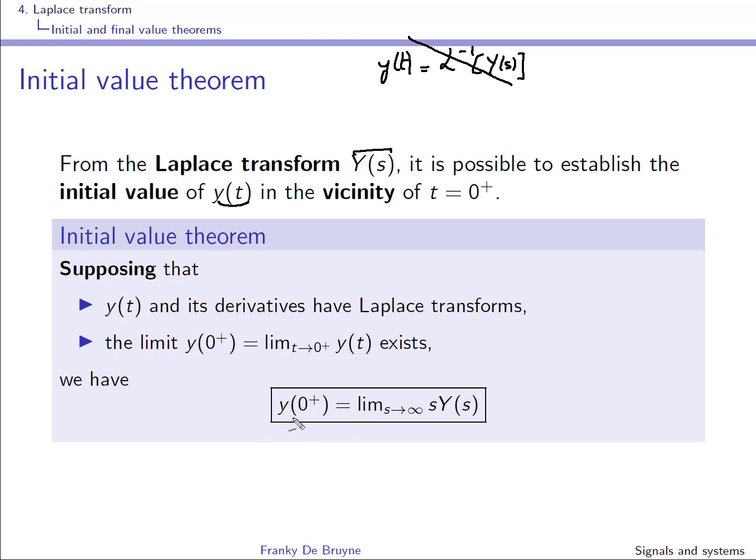So y in the vicinity of 0 is simply the limit when s tends to infinity of s times the Laplace transform of y of t, this is Y of s. Okay, so here you want the information around t equals 0 plus, and you know that there is an inverse relation between time and frequency, so it does not come as a surprise that you should take the limit when s tends to infinity.